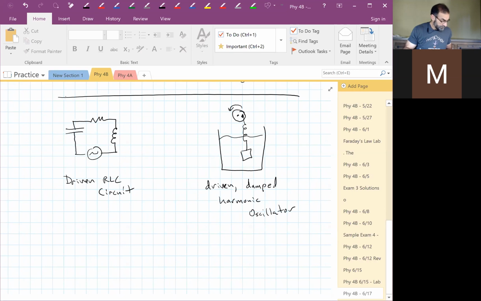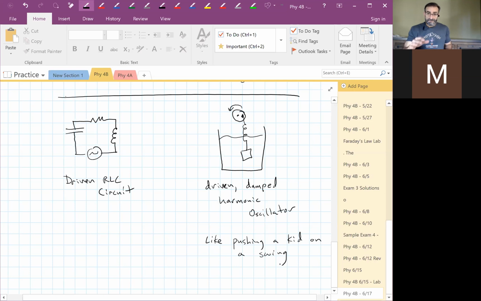All right, so the driven damped harmonic oscillator is kind of like pushing on someone on a swing. If you push at just the right interval, at the natural frequency of the oscillator, right?